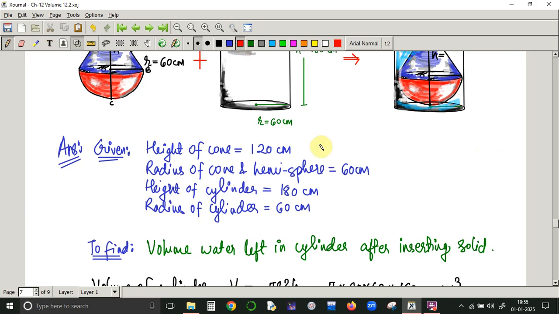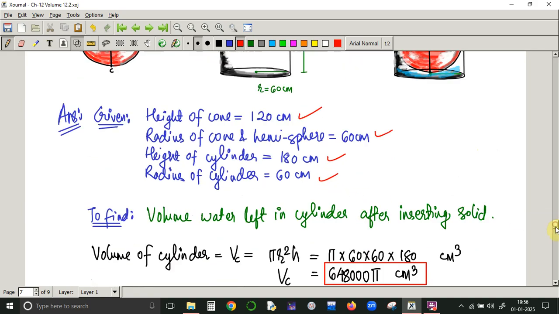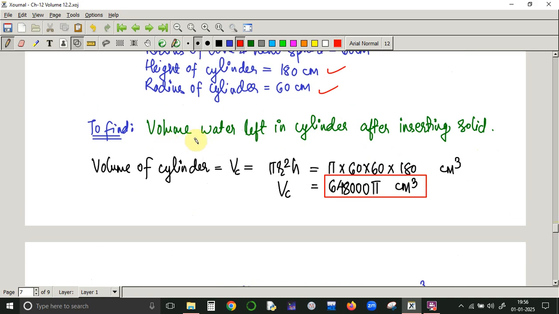Okay. Given: height of cone, radius of cone and hemisphere, height of cylinder, radius of cylinder. We have to find the volume of water left in the cylinder. Volume of cylinder Vc, so what I'm doing here is finding the volume of cylinder.